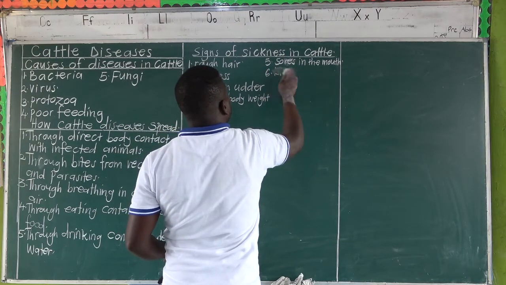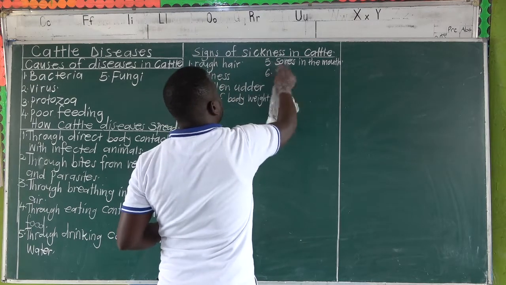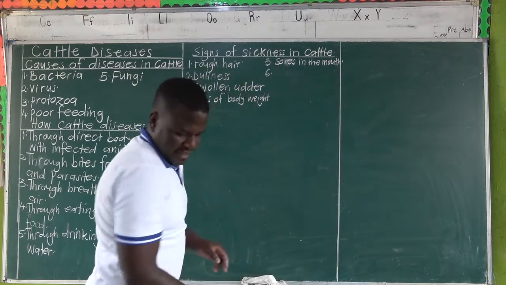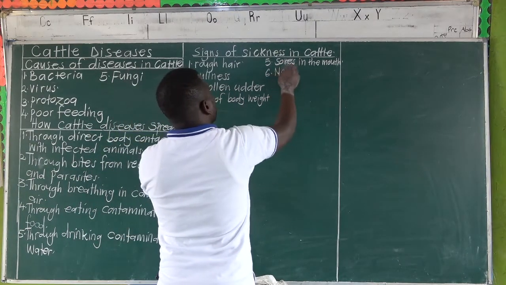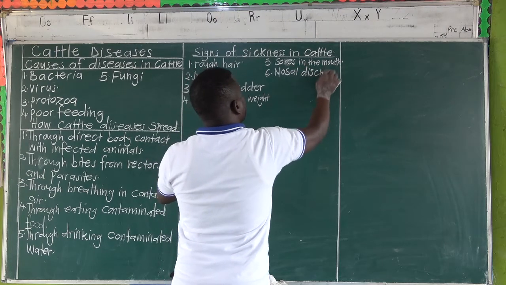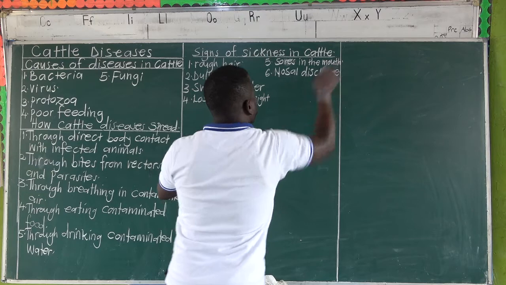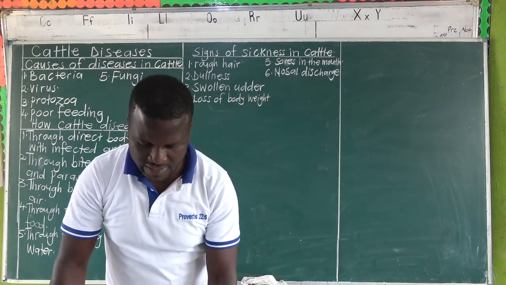When these animals limp, it is a sign that they are sick. Then we have nostril discharge. These are some of the signs of sickness in cattle.